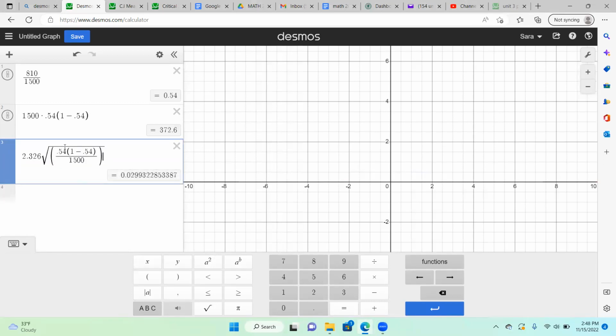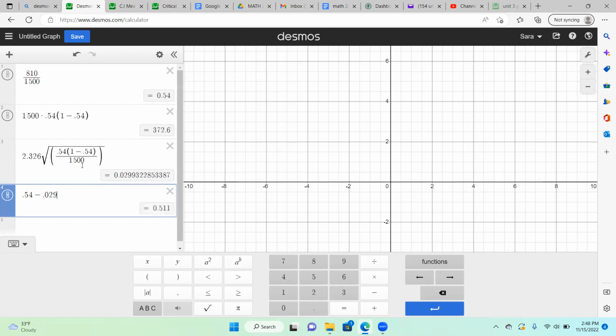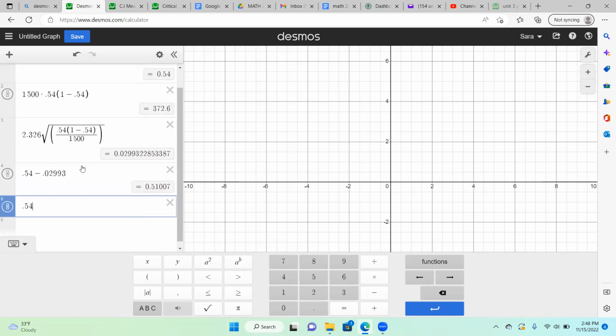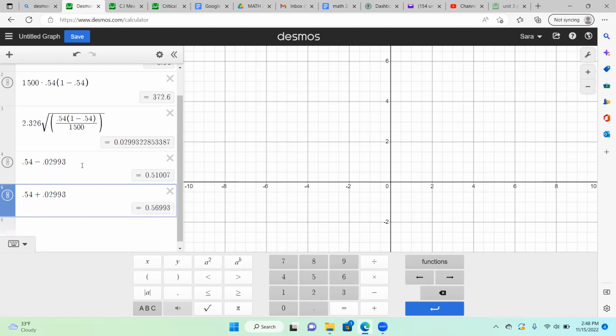Okay, so the square root of p hat times 1 minus p hat over n. So our error bound of the proportion is 0.0299. That means our lower bound is subtracting 0.02993, and our upper bound is adding 0.02993. So our lower bound is 0.51007, and the upper confidence value is 0.56993.